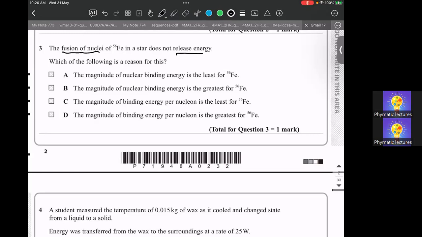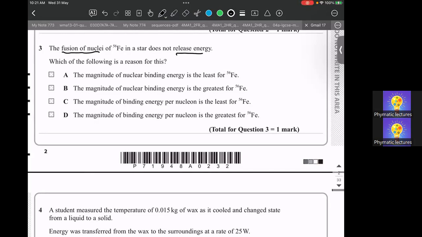We'll go through the options. The magnitude of nuclear binding energy is the least for Fe-56. The magnitude of nuclear binding energy is greatest for Fe. So this could be an answer, but it is not exactly the answer.